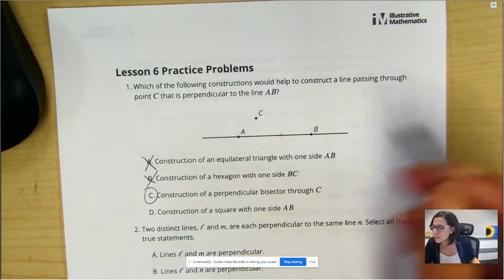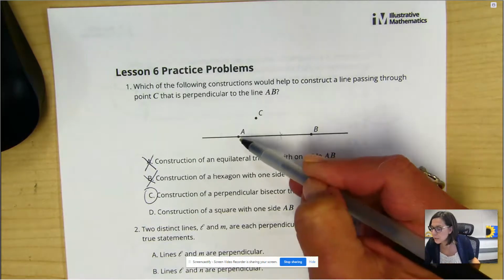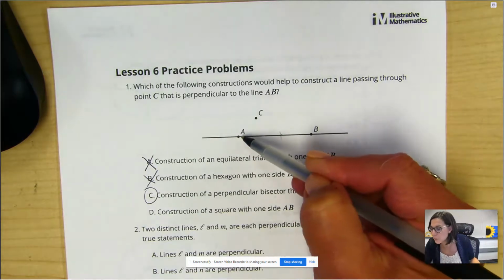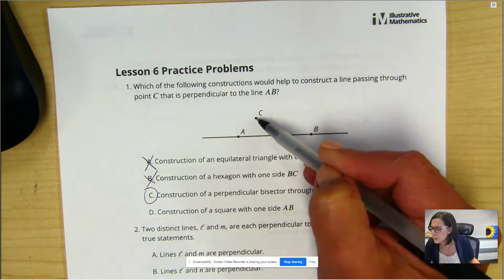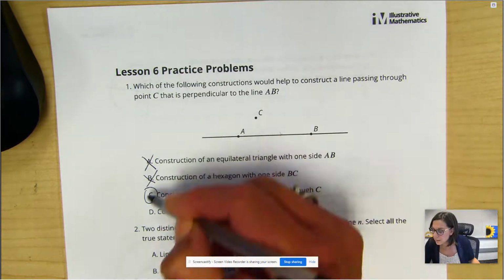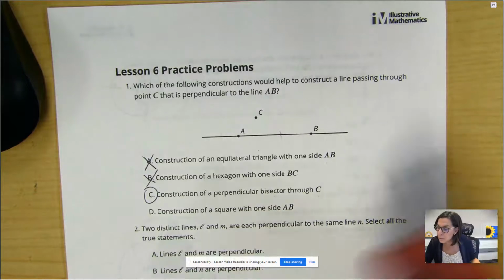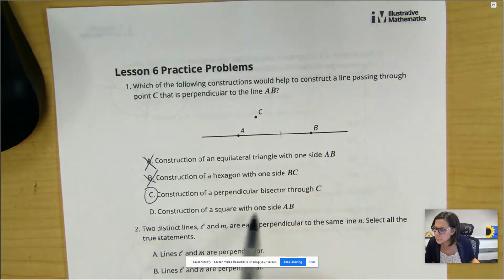It's a little bit weird because they're labeling the line with 2 points instead of like line L. So you're assuming they mean, or I was assuming they meant, bisect AB. No, but it would just bisect this line. Yes, that construction would be helpful. And how about construction of a square with one side AB?